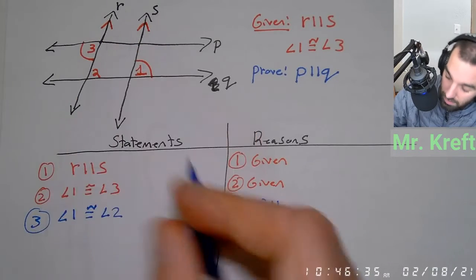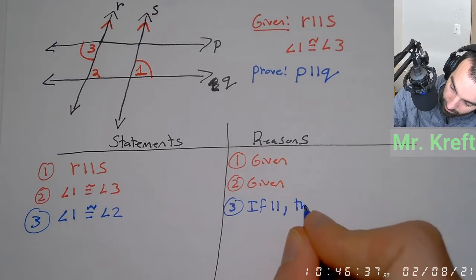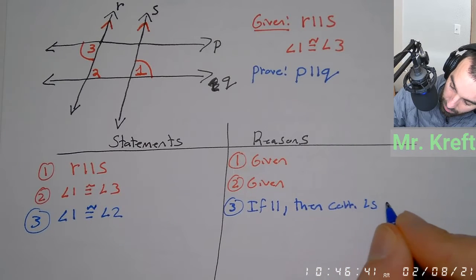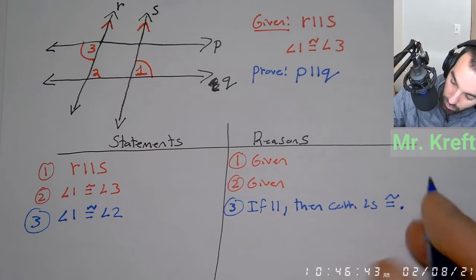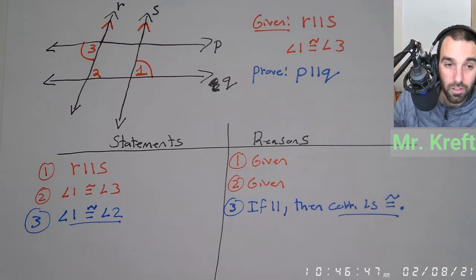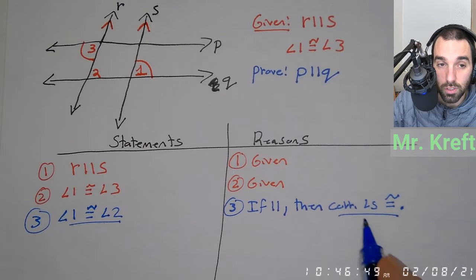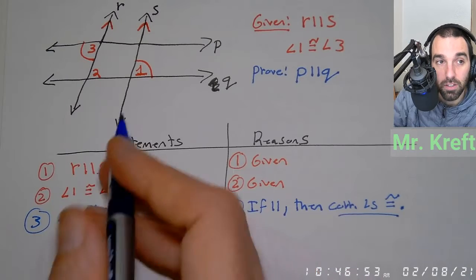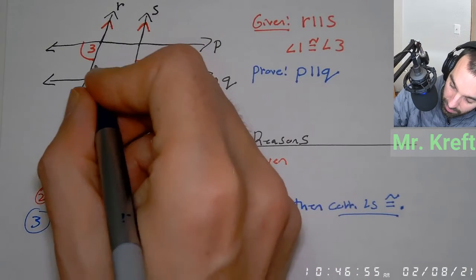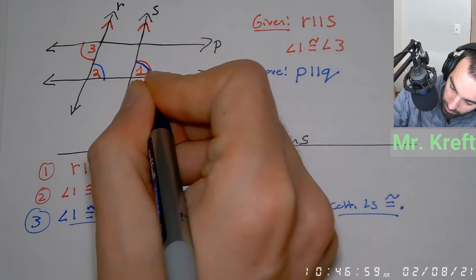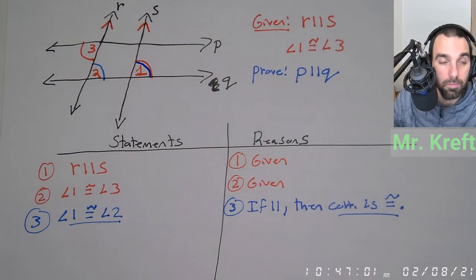So if parallel lines, then corresponding angles are congruent. Notice how my conclusion is what I'm saying here. See how I'm saying corresponding angles are congruent? That's my statement, right? So if parallel lines, and that's what we got there, then angle 1 and angle 2 are congruent.